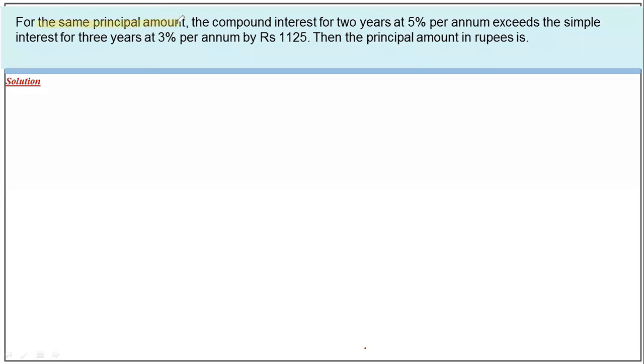For the same principal amount, the compound interest for 2 years at 5% per annum exceeds the simple interest for 3 years at 3% per annum by rupees 1125, then the principal amount in rupees is what?